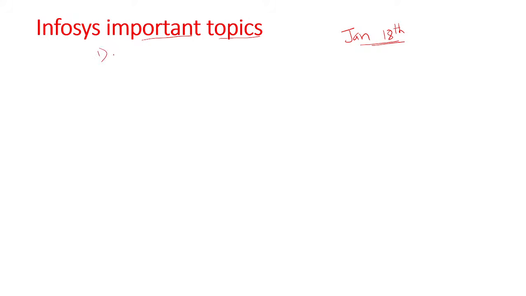The very first topic is arrays. The Infosys exam will have questions at three levels of difficulty. The first is the easy level question, the second is the medium level question, the third is the hard level question, and then the fourth type is a complex question.